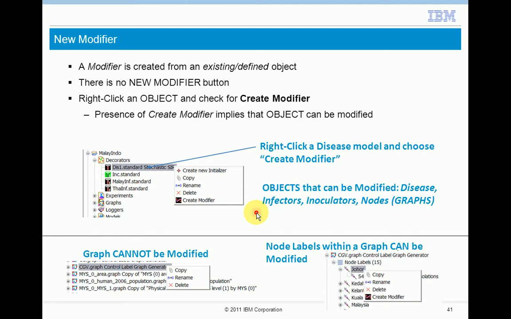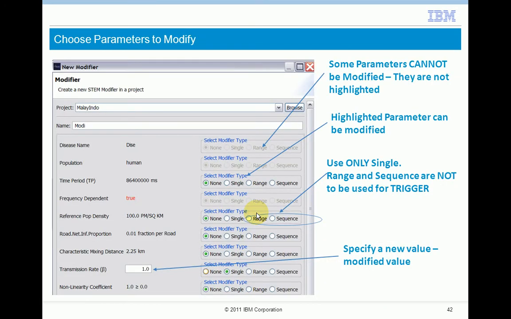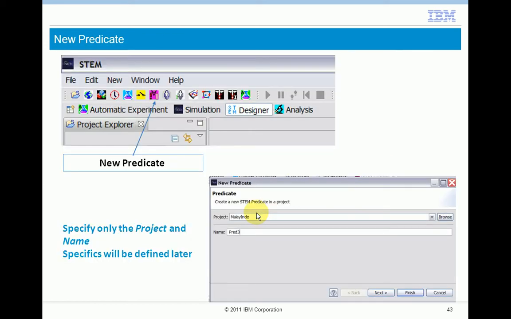In this case, a disease is being modified, so the modifier is created, and you can indicate what kind of modification. Maybe you're modifying the transmission rate, the mortality rate, whatever. And then, after you've selected the parameters you're modifying, as illustrated here, you need to create a predicate.